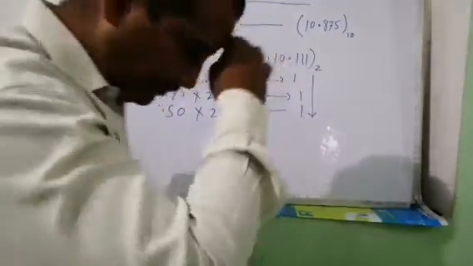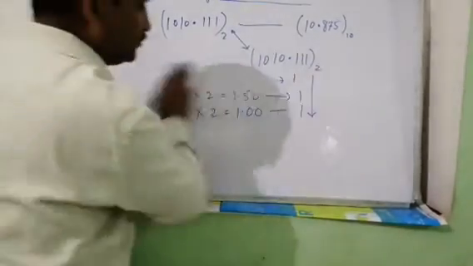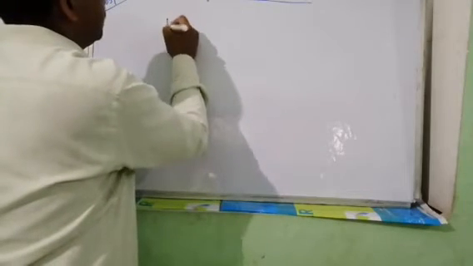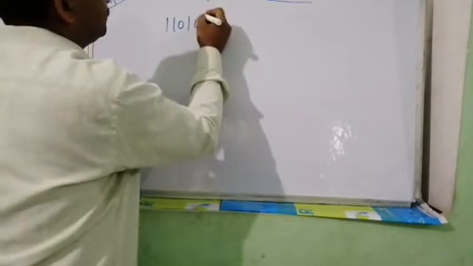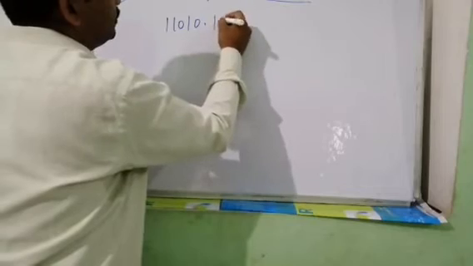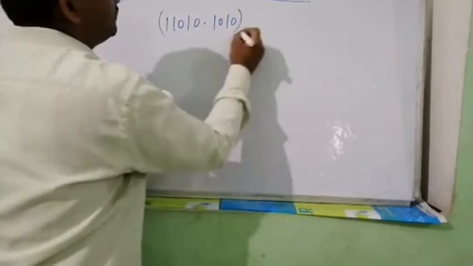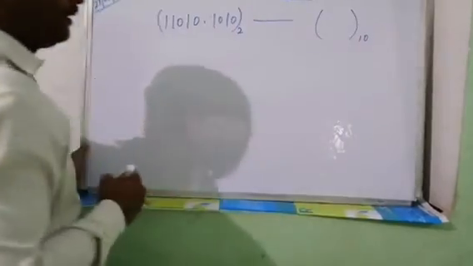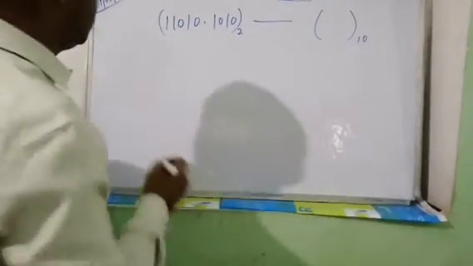So one more example. If not understood, 11010.1010, decimal to binary, binary to decimal.